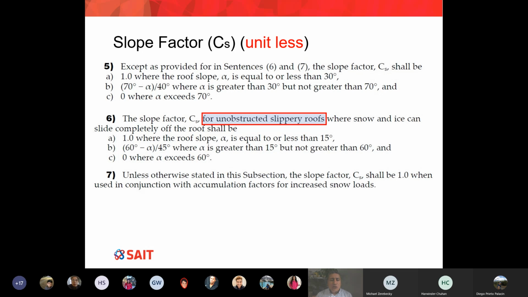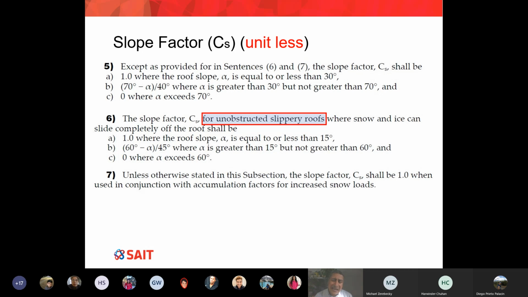The C sub S shall be 1 where the roof slope alpha is equal to or less than 15 degrees. Now on my next slide, I have more demonstration of the alpha. What is the alpha? It is the roof slope, an angle.